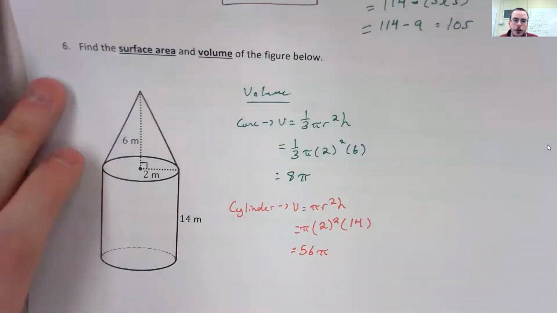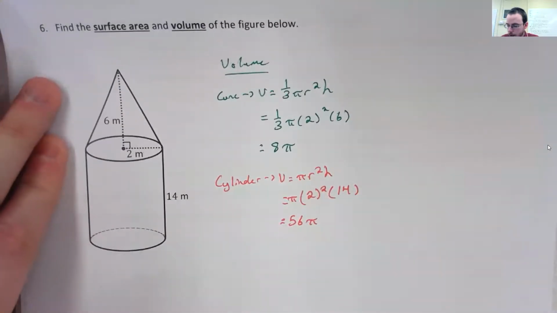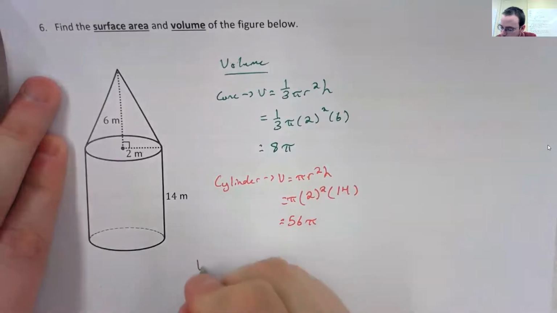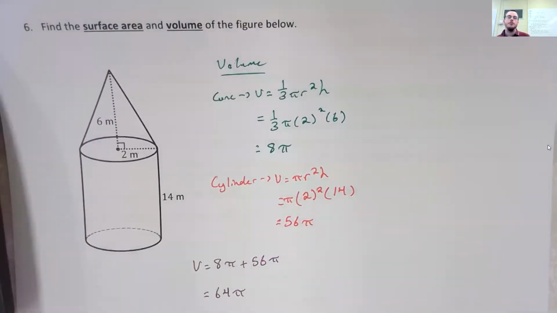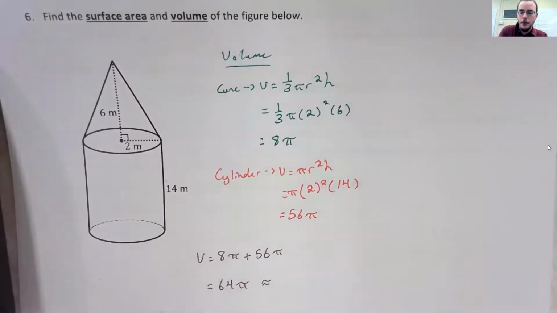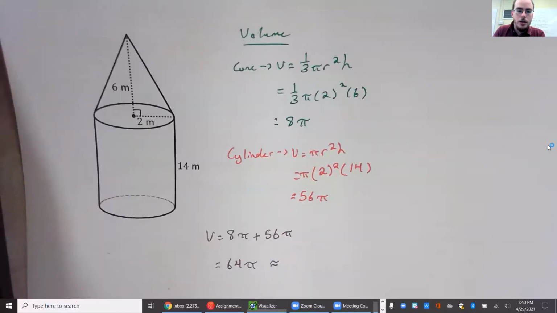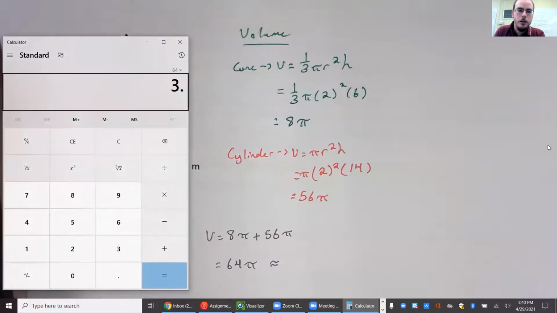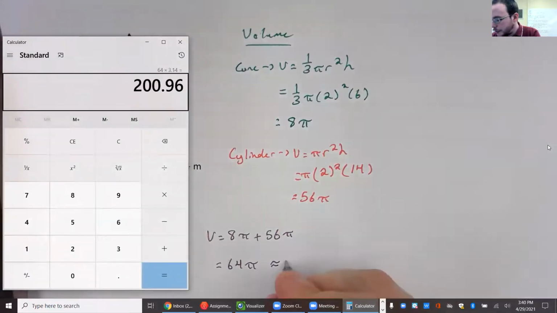We have our 2 volumes. We just add these together to get the volume of the entire thing. So you get 8 pi plus 56 pi, which is equal to 64 pi. And 64 pi is approximately 200.96 meters cubed.